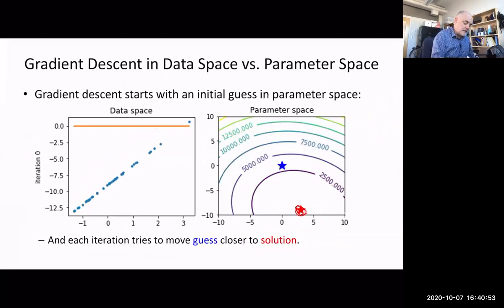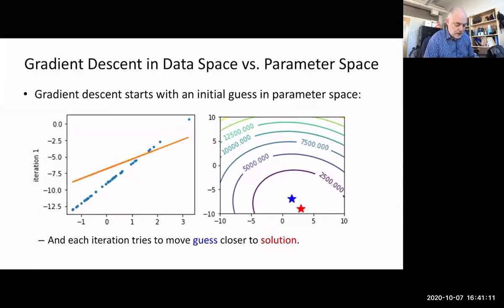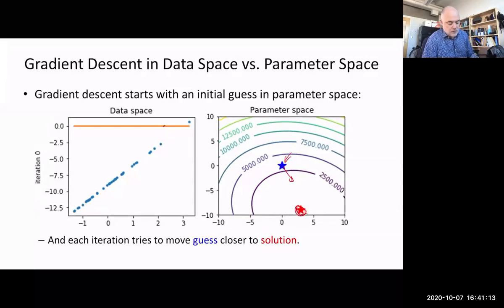Okay, so in data space, here's what a particular slope-intercept pair looks like. Here's one possible line, right? In parameter space, that corresponds to a parameter here and a particular loss, right? So the gradient vector here, it's difficult to say, but it's probably going to be something like this, right? And what we'll do is every iteration of gradient descent basically tries to move the guess closer to the solution.